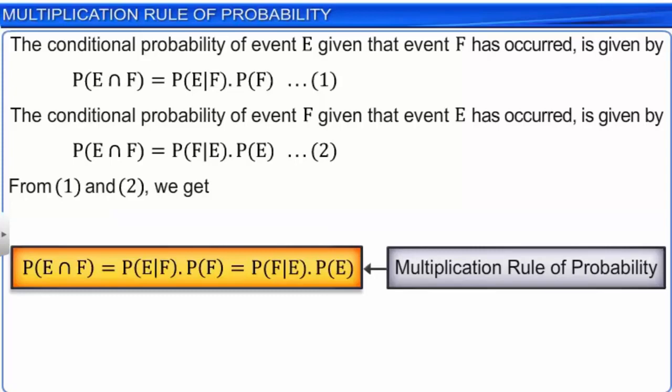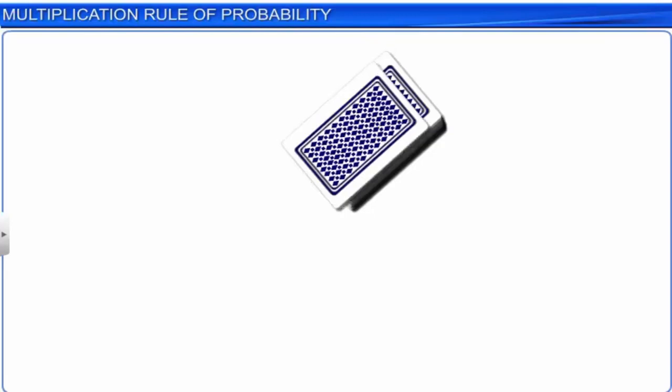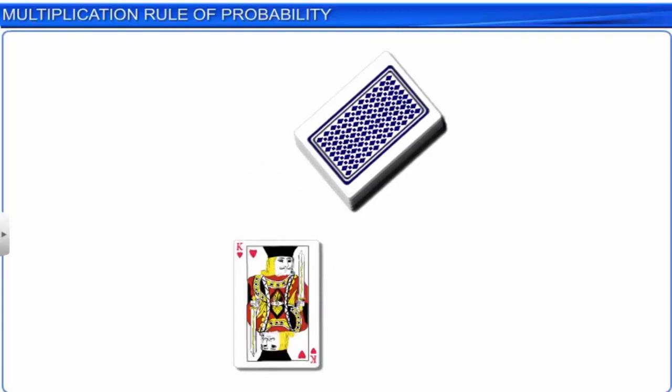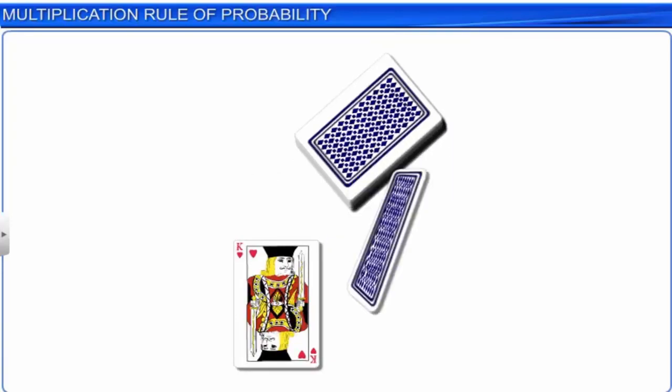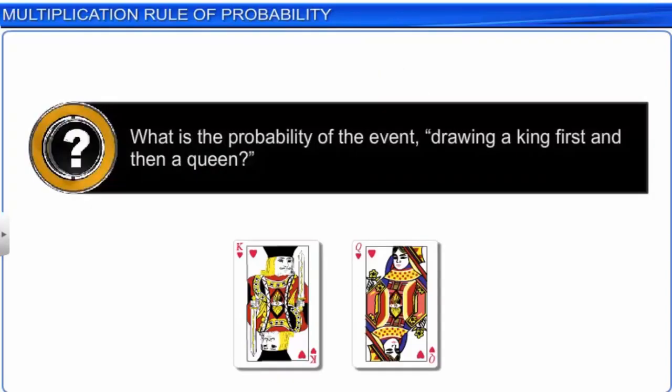Let's now look at an example. Consider a pack of cards. Two cards are drawn one after the other without replacing the first card back into the pack. Suppose the first card drawn from the pack is a king, and the second card drawn is a queen. Then, what would be the probability of the event?